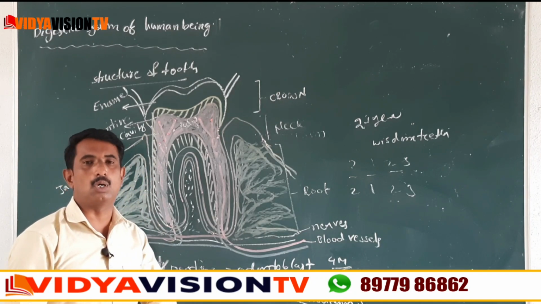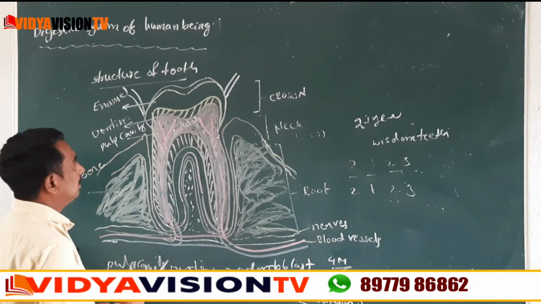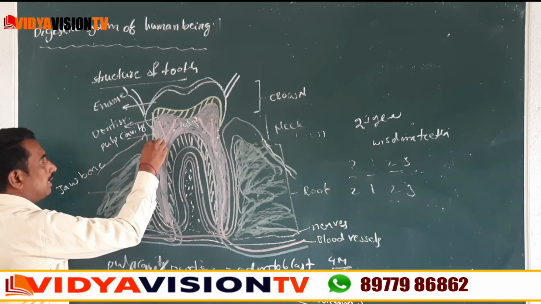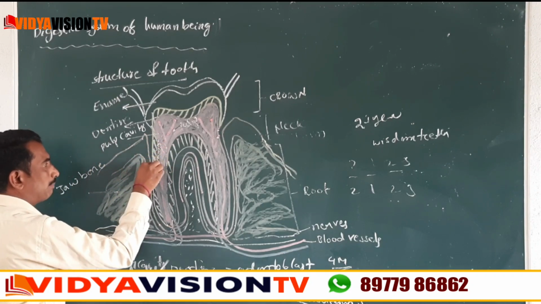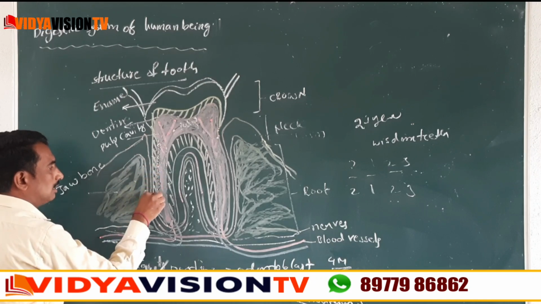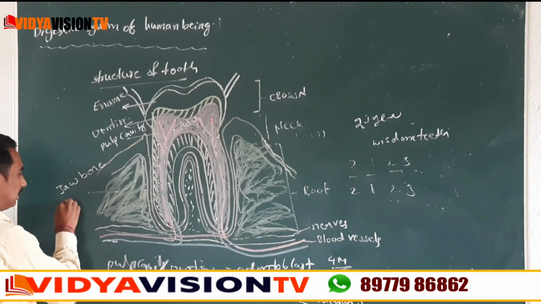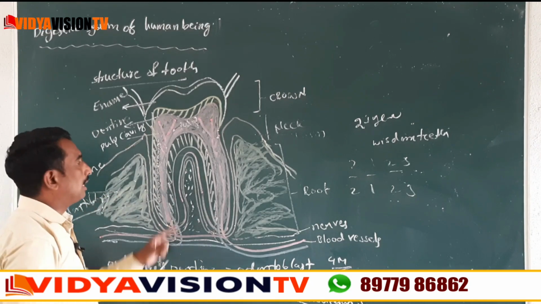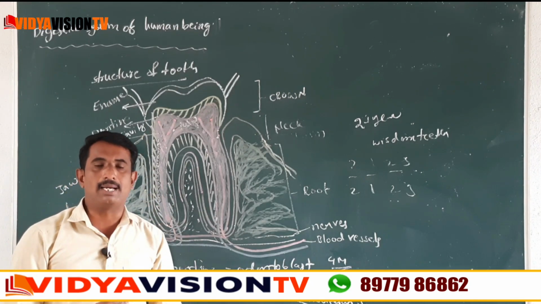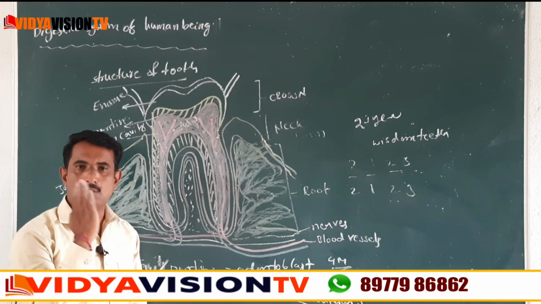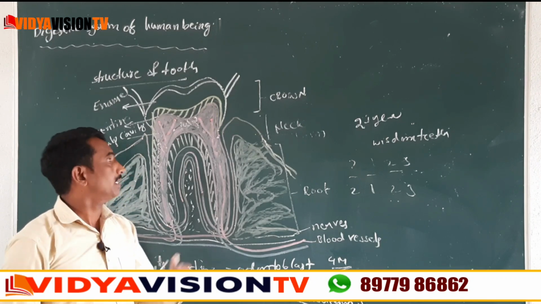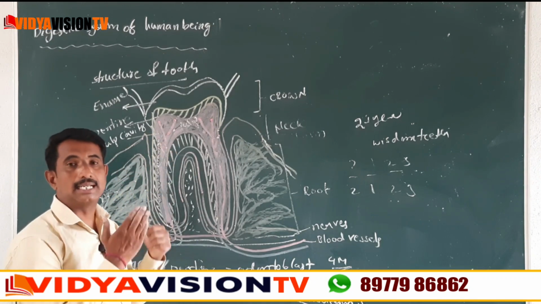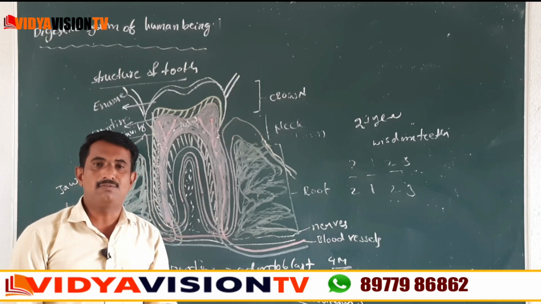The pulp cavity is lined by the odontoblasts, very important for bits. That odontoblast produces what? Dentine. The dentine is called the bulk of the tooth.